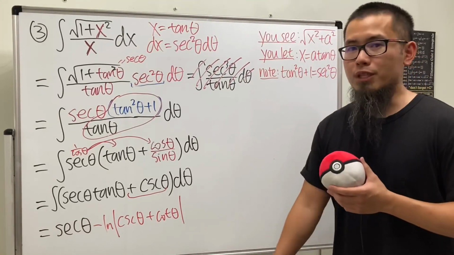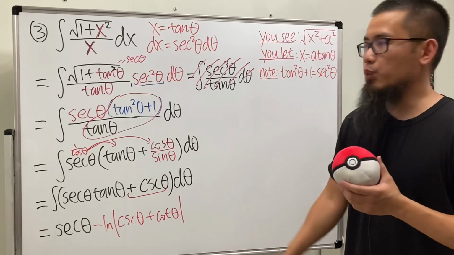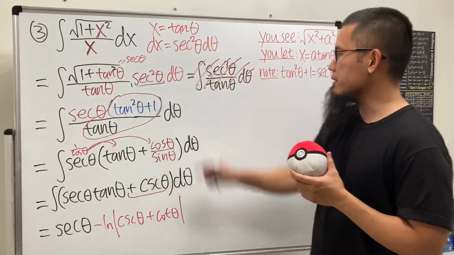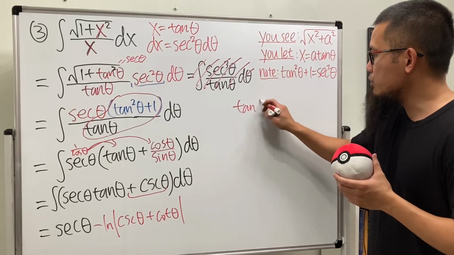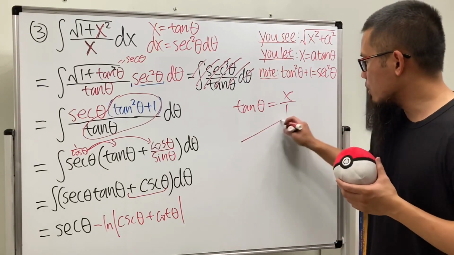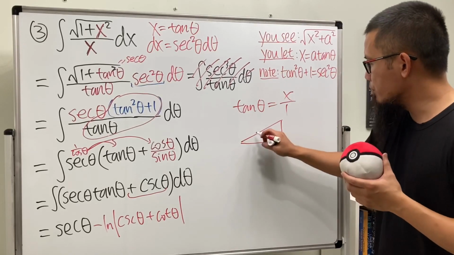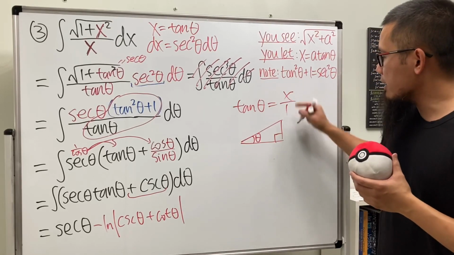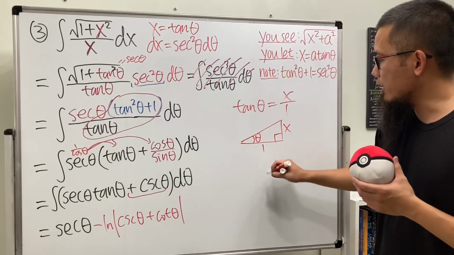Okay, now the rest of the work is just go back to the x world. So we are going to refer back to that. So we're looking at tangent theta is equal to x, which is the same as x over 1. Draw the right triangle, put the angle here. X is the opposite, 1 is the adjacent.